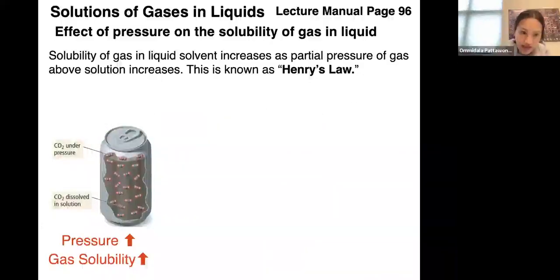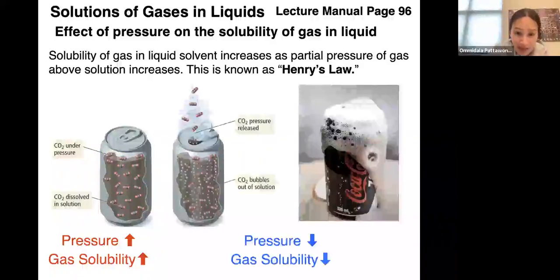This scenario is the same as a soda can, right? A soda can contains carbon dioxide under pressure. Because it is at high pressure, it allows the carbon dioxide to dissolve in the solution. Now if you open the soda can, you are releasing that pressure.